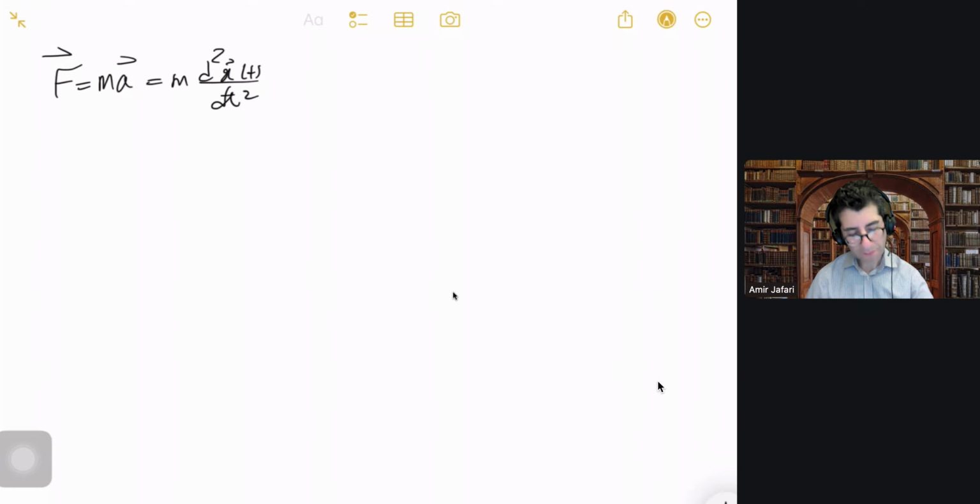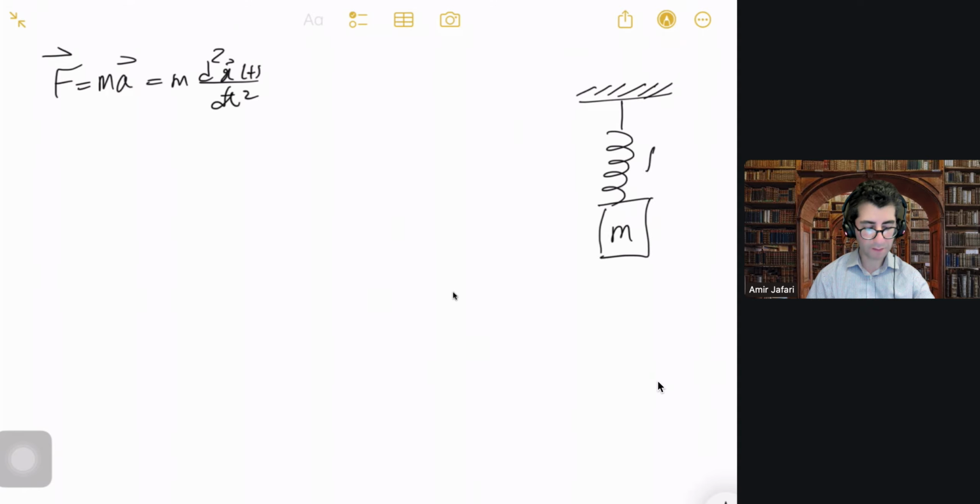And then we have this problem of the simple harmonic oscillator. What is it? The simplest system that we can imagine, the ideal system that you can think of, is a mass connected to a spring with constant k. The meaning of this constant is going to be clear in a moment.